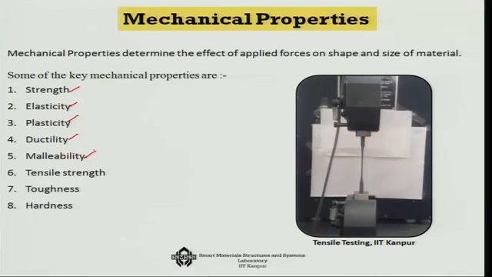So, ductility for example refers to whether I can reduce the thickness of a wire as I am applying a large tensile load. Okay, can I draw a very thin wire from a cylinder? So, if the material has good ductility, you can draw a very thin wire out of it.